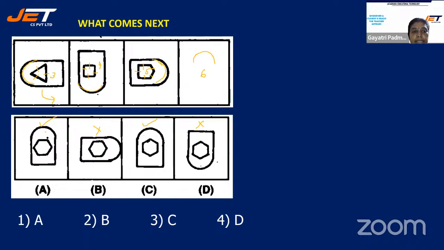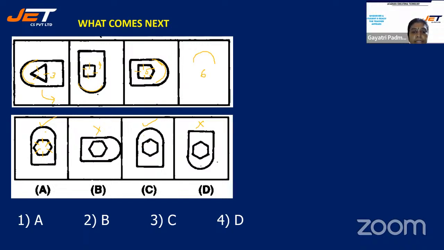Whether it has 6 sides. Sorry, not B. B and D is not correct. No. So 1, 2, 3, 4. So 1, 2, 3, 4, 5, 6. Okay. So this could be the answer.